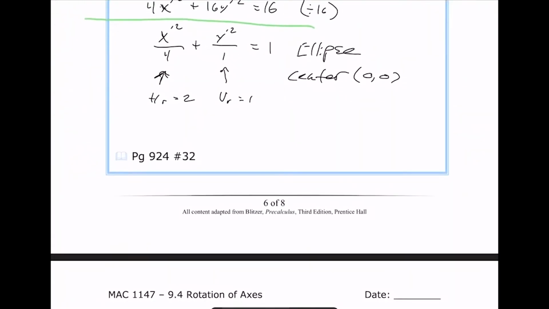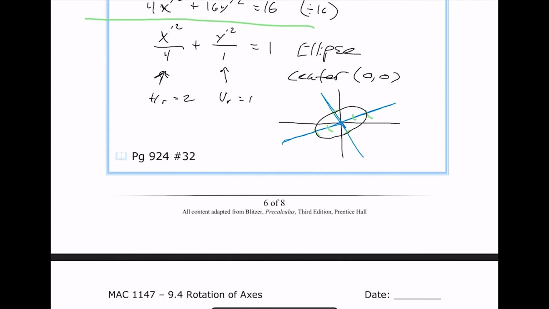So if we drew a normal coordinate system and then we rotated it 30 degrees, let's do 30 degrees there, and we'd have to rotate our negative x-axis down 30 degrees, our positive x-axis would come up 30 degrees, and then we would draw, or try to draw, well, we'd come up 1 unit and down 1 unit in the y direction, and in the x direction we've said that we have a horizontal radius of 2, and then we could draw an ellipse on a rotated coordinate system.